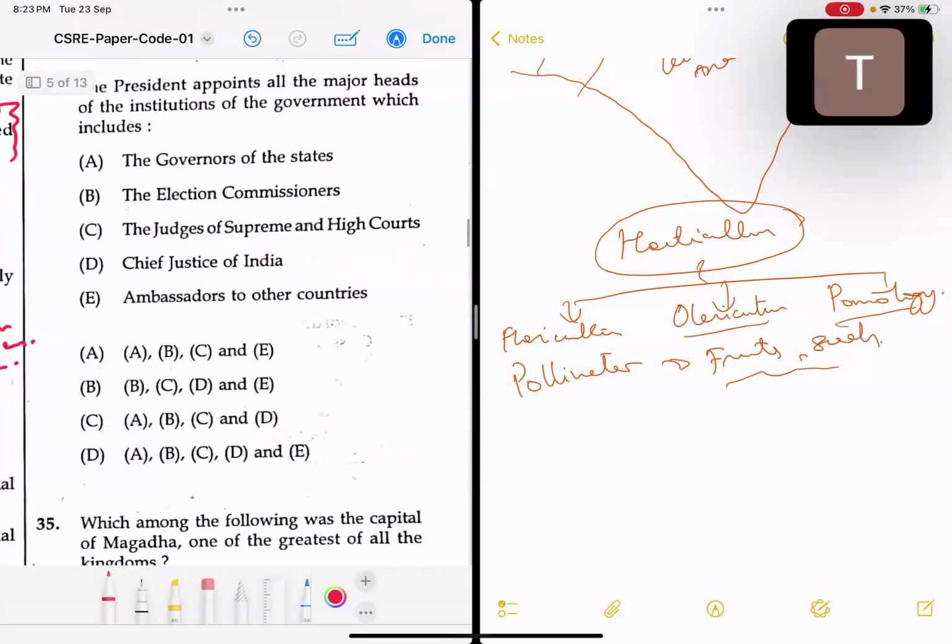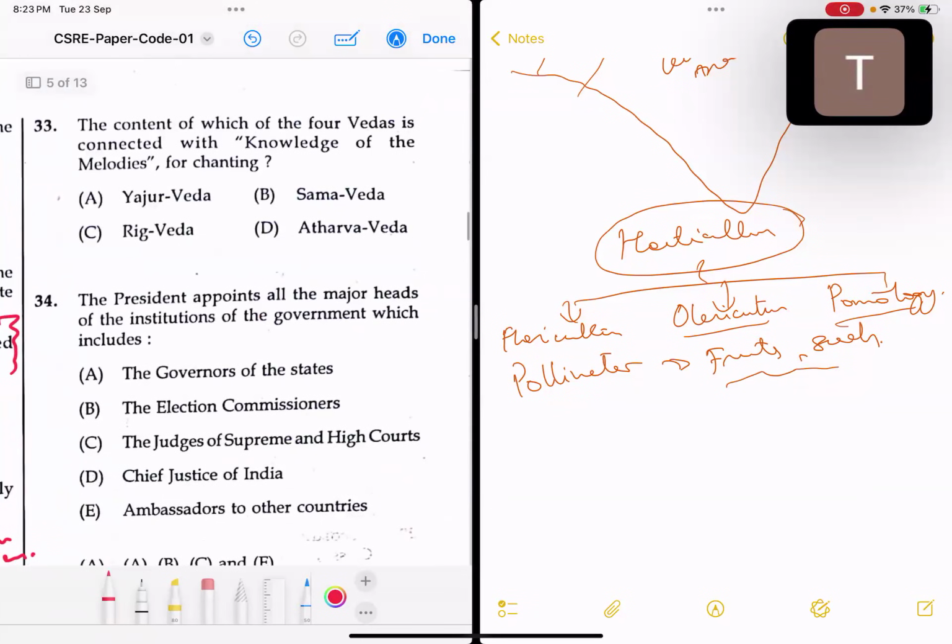Now let's come to question number 33. The content of which of the four Vedas is connected with the knowledge of the melodies for chanting? Now, we all know the Vedas is divided into four Vedas, right? So there's the Rig Veda, the Yajur Veda, the Sama Veda, and Atharva Veda. And different Vedas deal with different things, right? And out of these four Vedas, Sama Veda is the one which deals with music, okay?